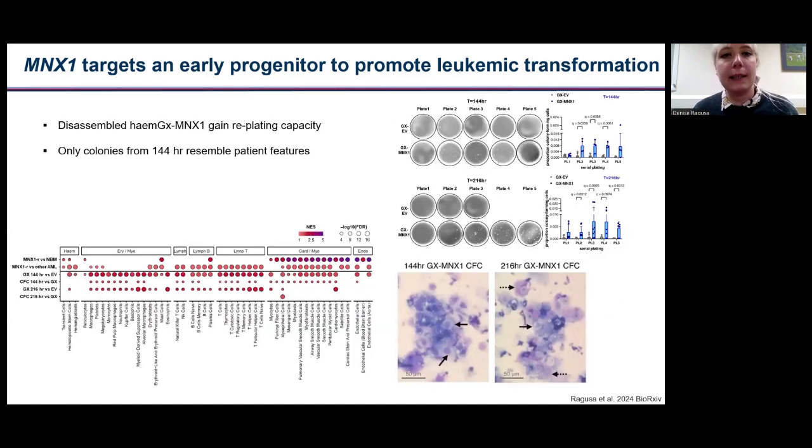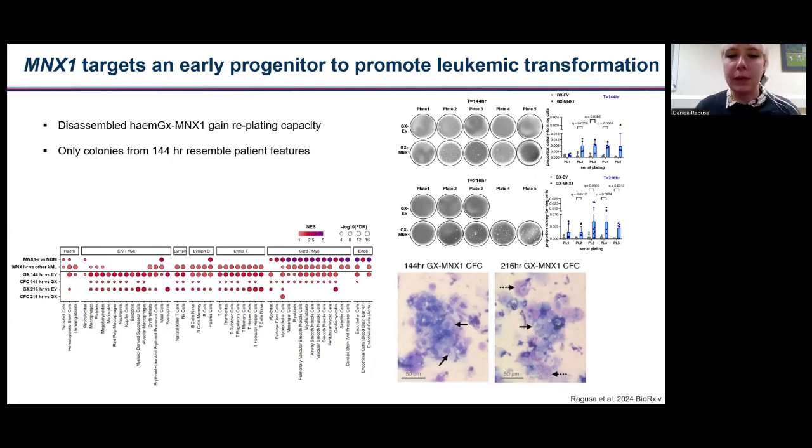So when we take these gastruloids, disassemble them, and put them into methylcellulose assay of leukemic transformation, we see that they both transform, both at 144 and at 216. However, when we look at the transcriptional features, only the colonies from the 144 hours truly capture the cellularity that we see in the patients, and also the morphology of really early undifferentiated cell types that we would be seeing in the clinic.